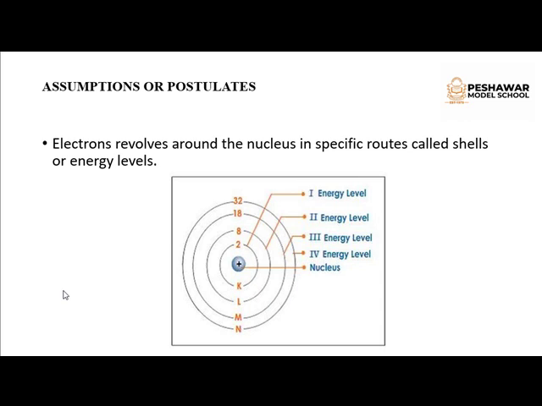These energy levels are shown as K, L, M and N. K is of lower energy than L, which is of lower energy than M, and so on. So according to the first assumption, electrons revolve around the nucleus in these specific shells.